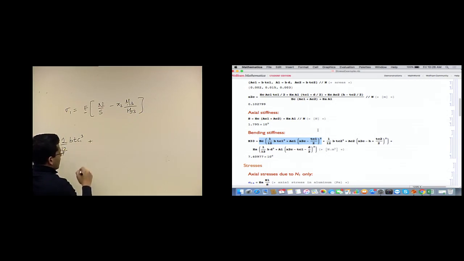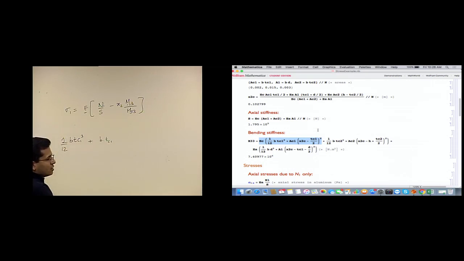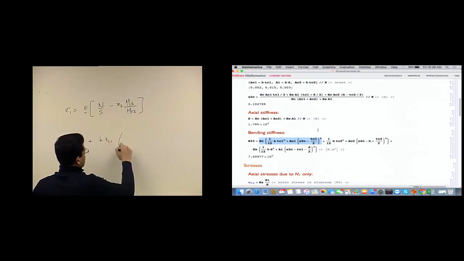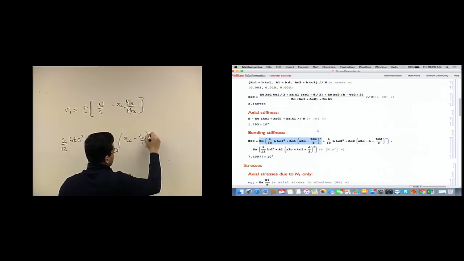Now we need to apply parallel axis theorem, so we'll multiply it by area times the distance square. So area is B times TC1 and the distance is x2c minus TC1 over 2.